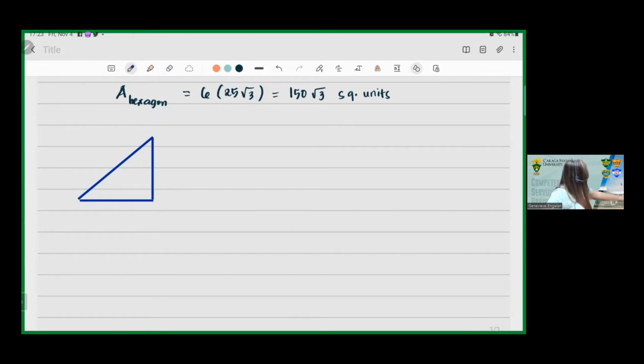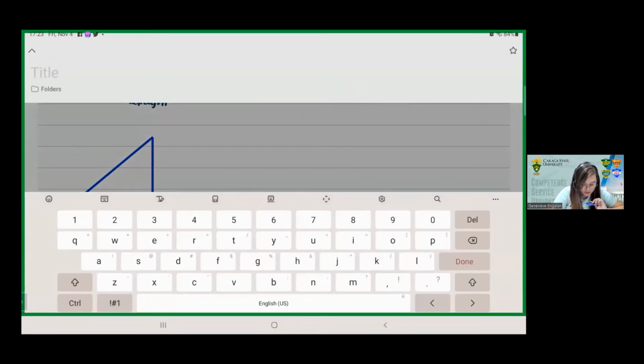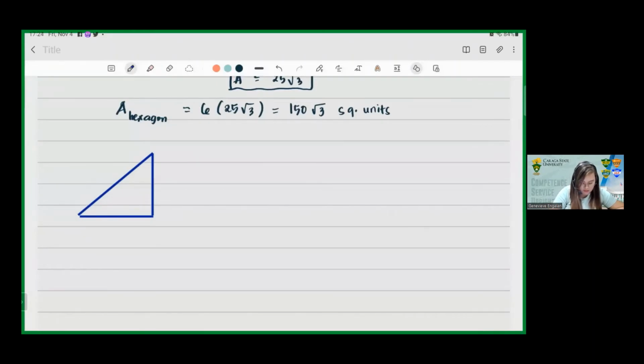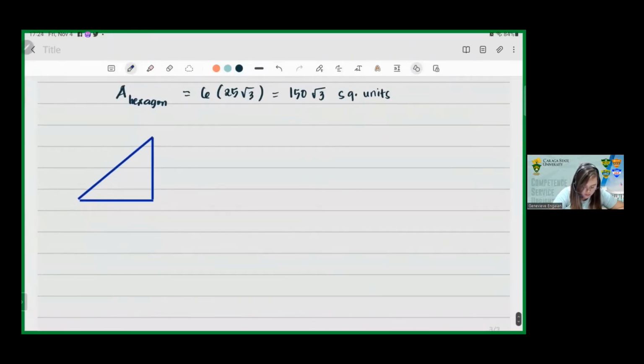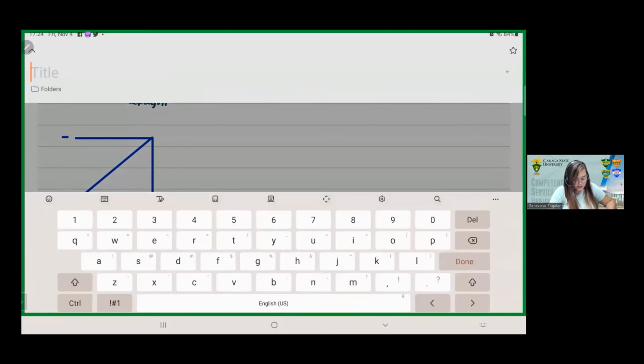for example, lang ha. Ay. Uy. Wait lang class.